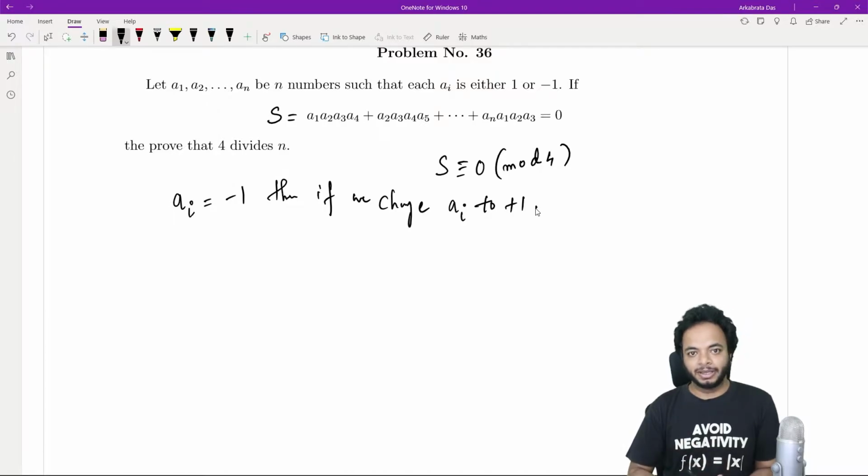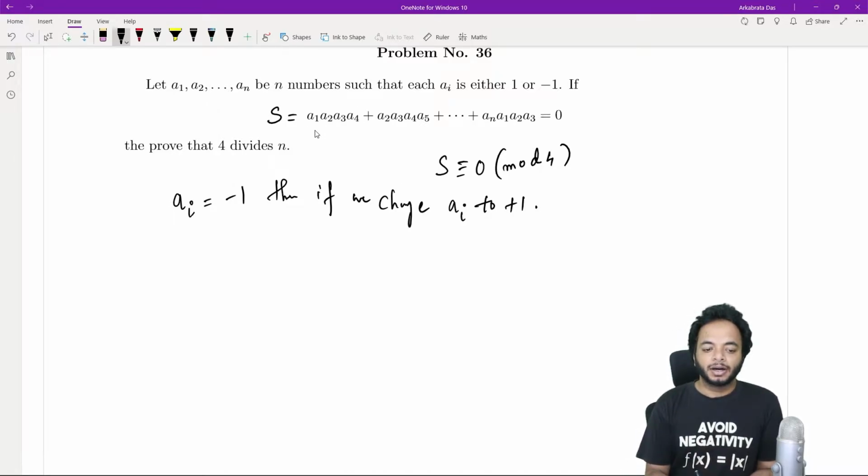Then how many products will be affected? 4 products will be affected where a2 is present, and all those products have their signs changing. Suppose those 4 products where a2 was present were +1, +1, +1, +1.